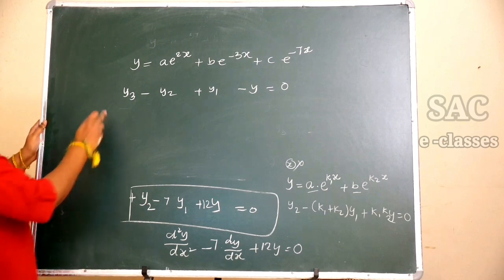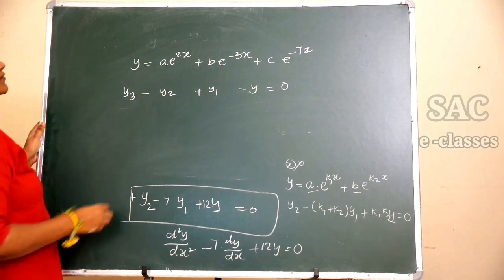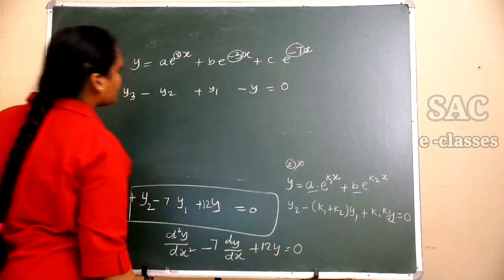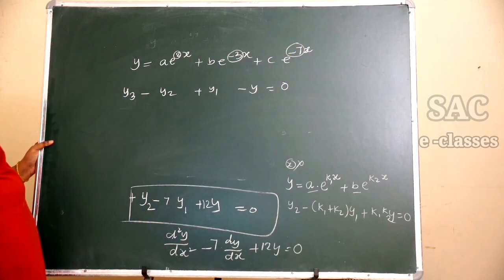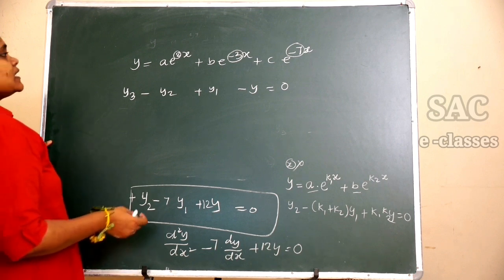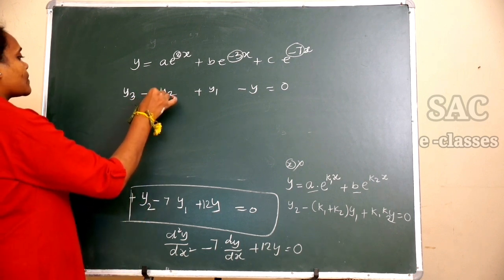Now we have to fill this one with the coefficients. For that, just observe 2, minus 3 and minus 7. Add them: 2 minus 3 minus 7 will give you minus 8.